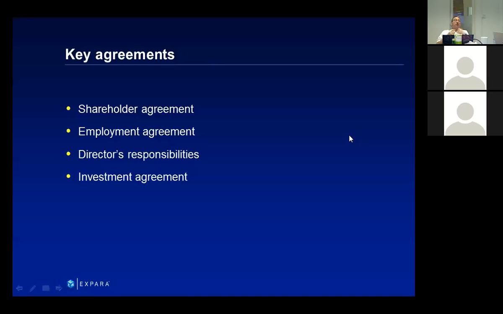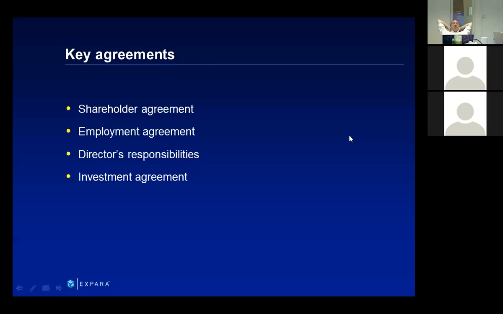So every founder should also have an employment agreement. And if they're an employee and a shareholder, then the relationship between their employment and their shareholding should be clear.